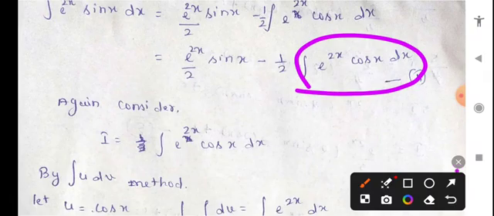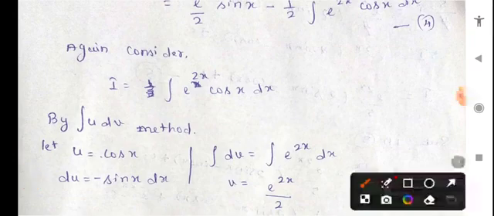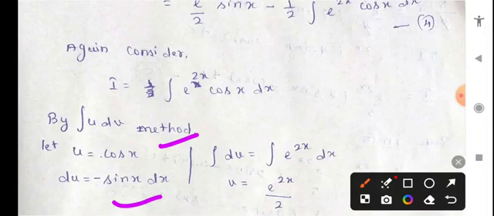Again we apply the uv method. Taking u equal to cos x, du comes as minus sin x into dx. Then integral over dv is equal to integral over e power 2x into dx.